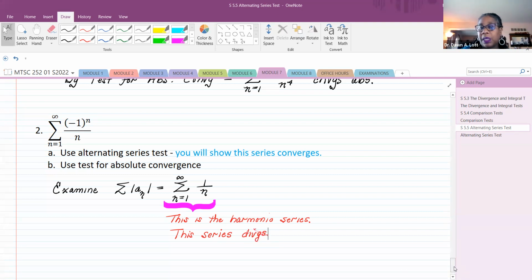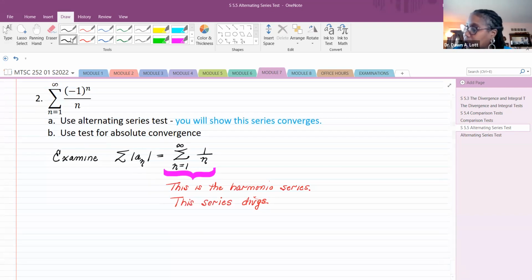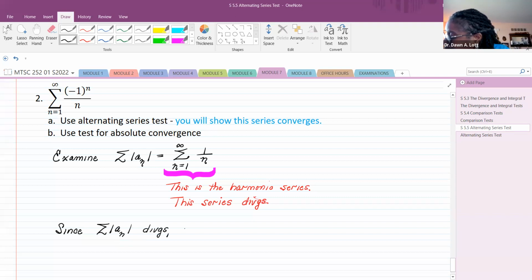Okay, so now we can make a conclusion. Since the summation of the absolute value of a_n diverges, the summation from n equals 1 to infinity of (-1)^n over n does not converge absolutely.